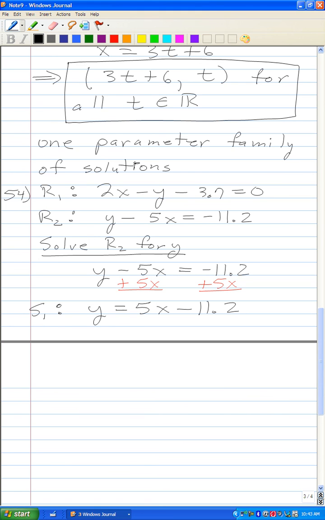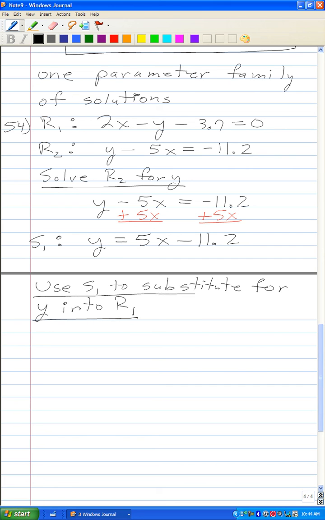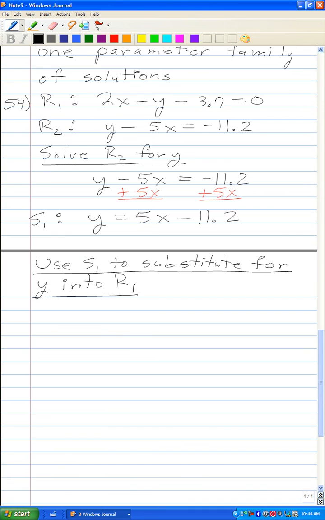And so let's use S1 to substitute for y. For S1 we used R2, so I have to use the other equation, R1. And so let's substitute S1 into R1.